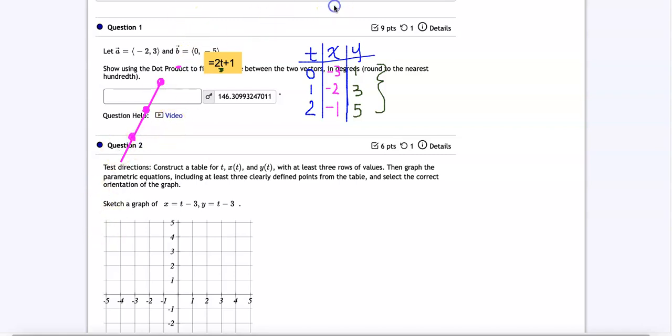I also highly recommend that you add directional arrows. Since 0 to 2 is moving in positive time, we are moving from left to right in positive time. That's going to be the answer to the second part: what is the orientation of the graph?